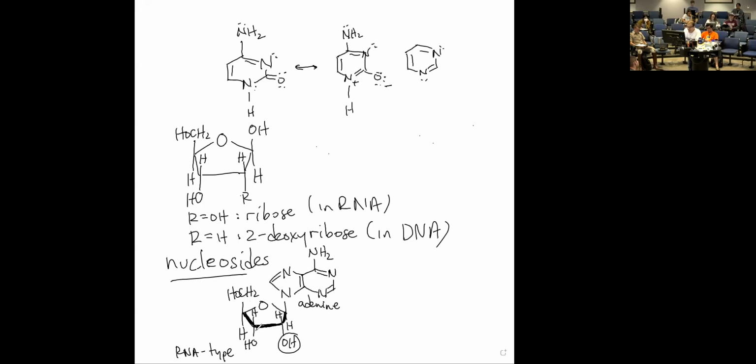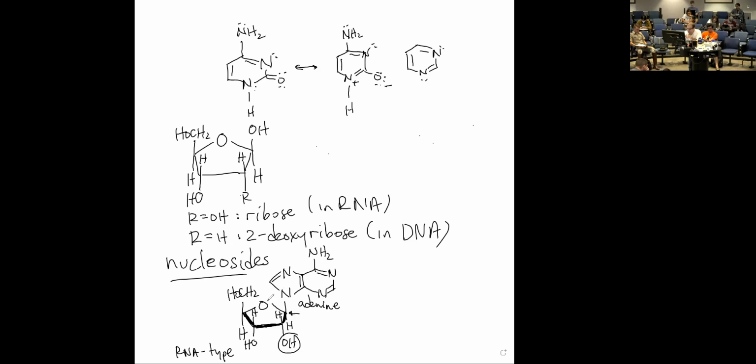So this is a typical nucleoside. It has the nitrogen base in what's called an N-O-acetal. And what makes it an N-O-acetal is this carbon right here. An acetal is a carbon that's single bonded to two oxygens, or has two single bonds to oxygen. That type of compound we generally call an acetal.